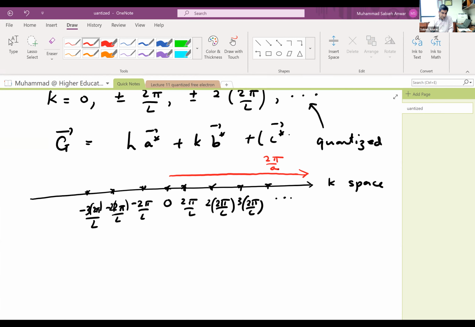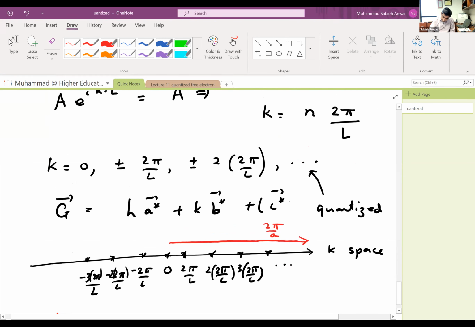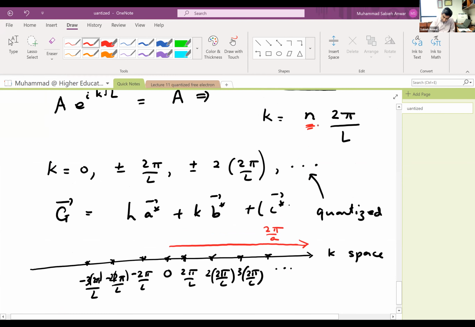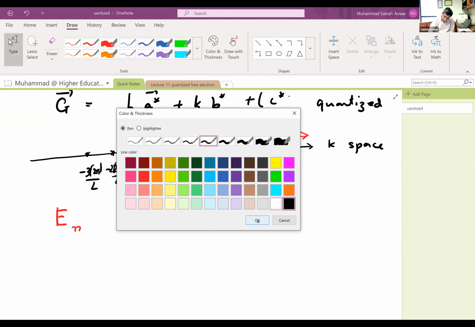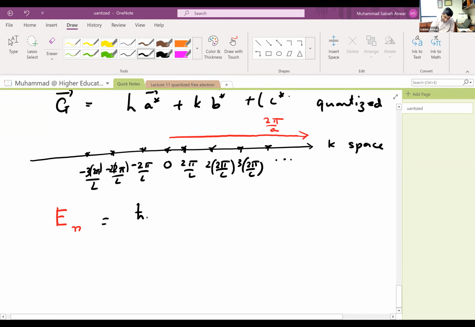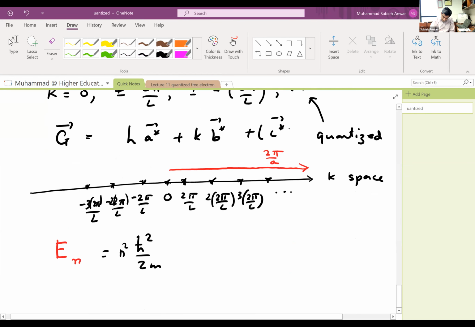Now, if you were to extend this concept to 3 dimensions, by the way, the energy is now quantized since I can define a quantum number n here. This is the new quantum number that has arisen. This quantum number n appears in the energy. So h bar square over 2m, k square is now n square 4 pi square over L square.